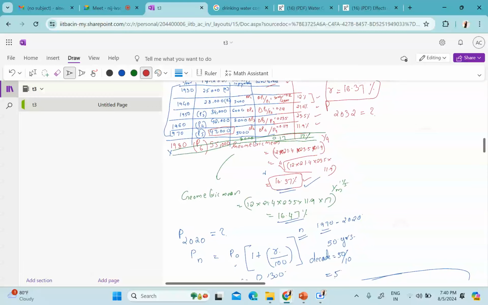N is the decades, R is the geometric mean percentage. 1 lakh, 1 lakh 20,000.